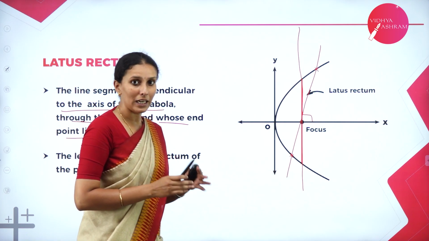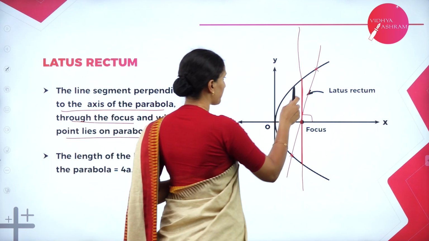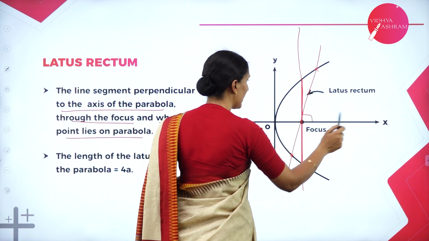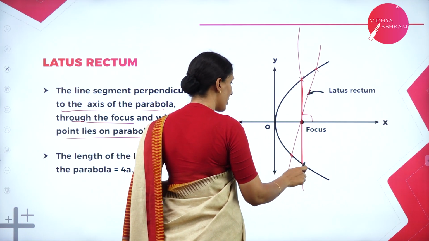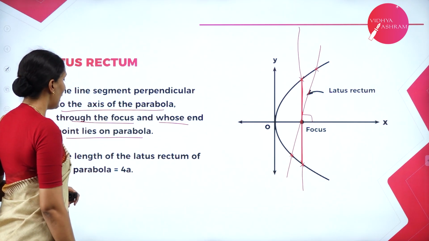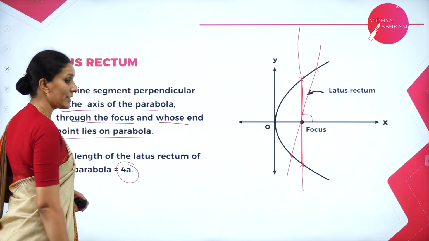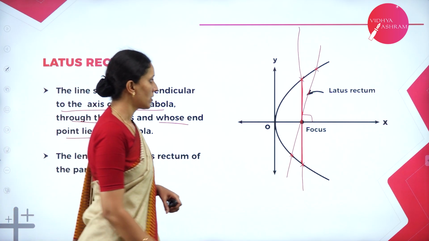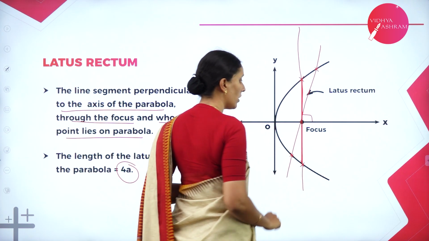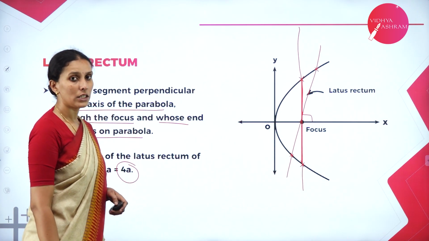So this cannot be a latus rectum. Therefore, a line segment which passes through the focus, perpendicular to axis, with end points on the parabola is called the latus rectum, and the length of the latus rectum is always 4 times a. So this distance is 2a, this is also 2a, so therefore it is 4 times a.